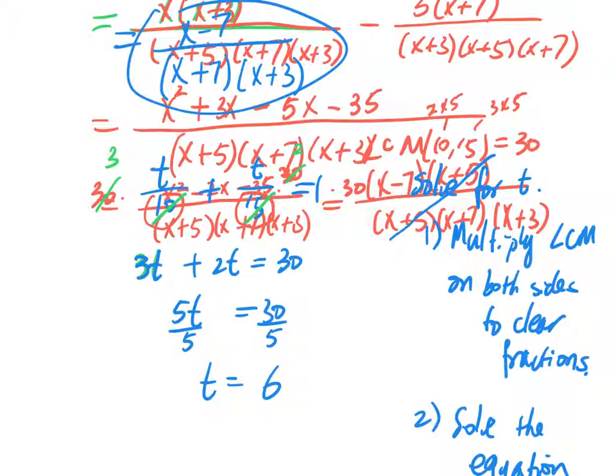Okay, another one. I will do this. Okay, for this one, the LCM: we have denominators 3t, t, and 2.